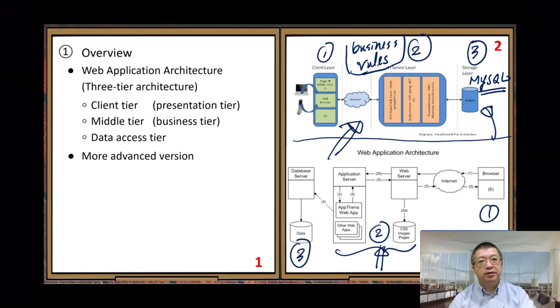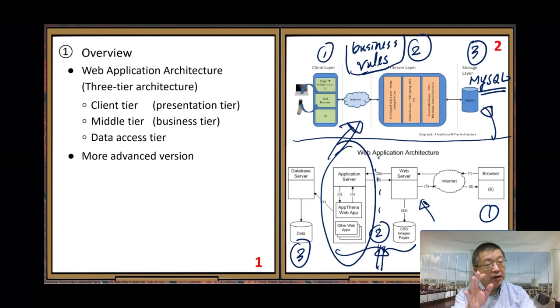is more complicated. You can see there are two blocks. The first block, web servers. In this part, you do relatively simple business. Then the second block, in this part, people do more advanced business features. Very complicated, very sophisticated in the second part.